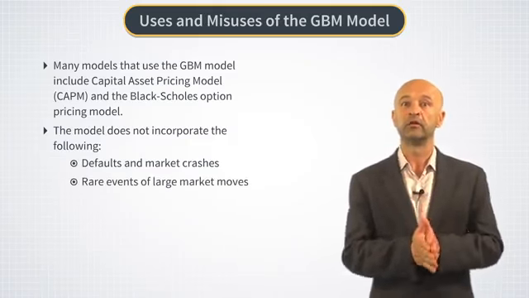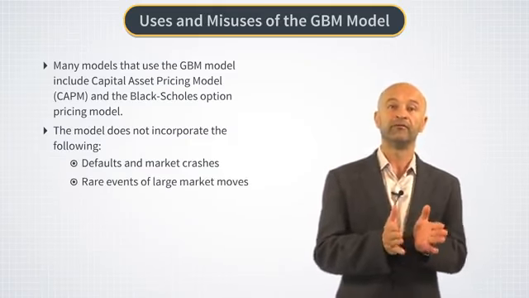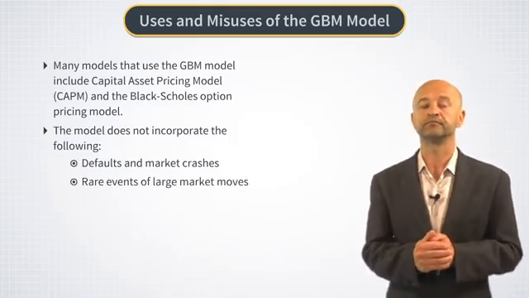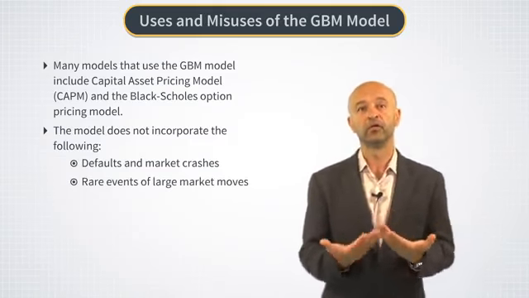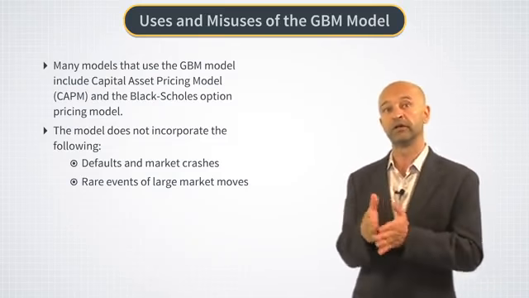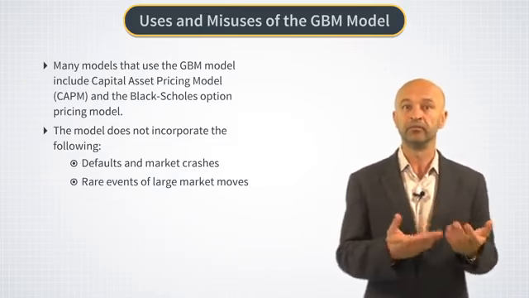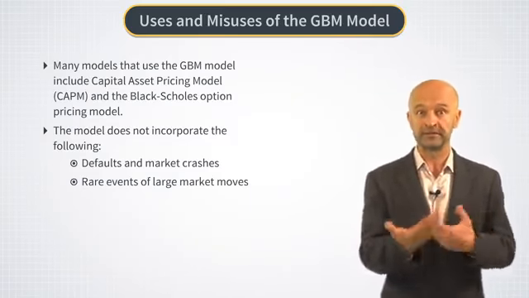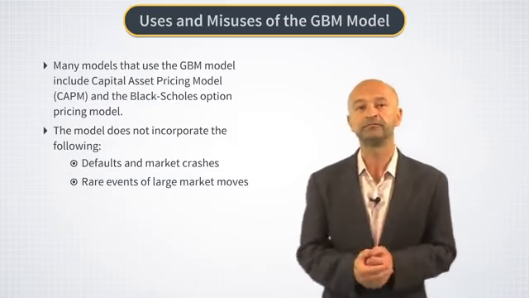A bit more generally, it produces very small probabilities of large market moves. When portfolio managers talk about month-long periods of 20 sigma events computed with the GBM model, it appears quite clear that something is wrong with the model itself.